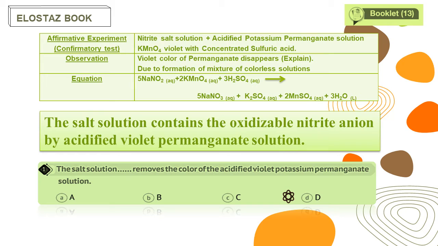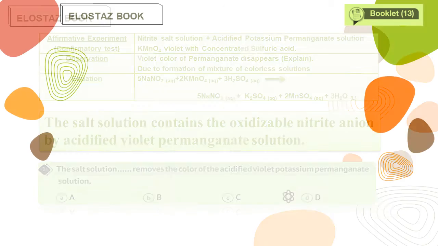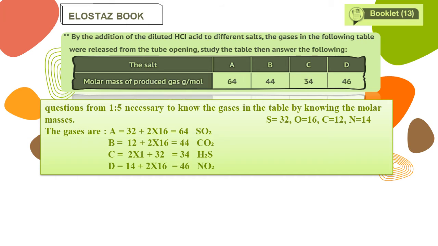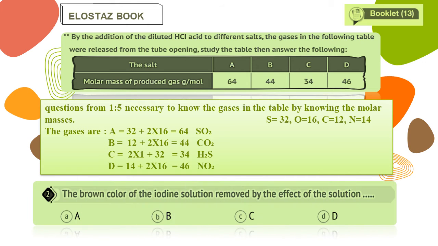Let's go to question 2, also concerning the table that we have. We have the atomic masses and the molar masses of the gases. Question 2 says that the brown color of iodine solution is removed by the effect of a solution of what?